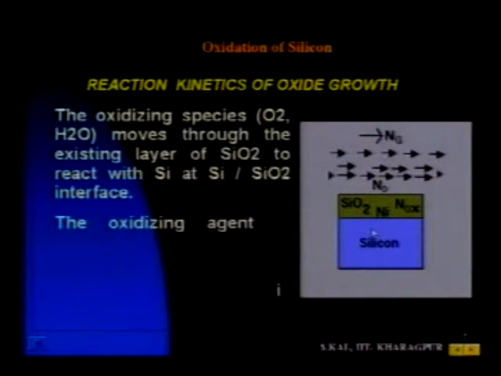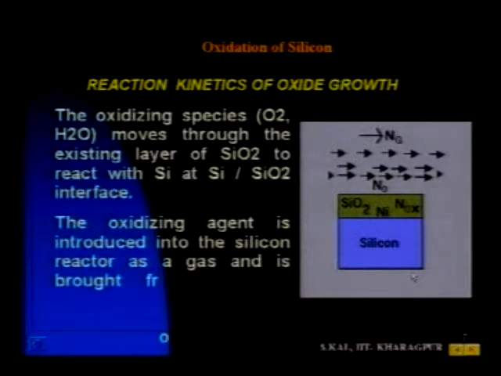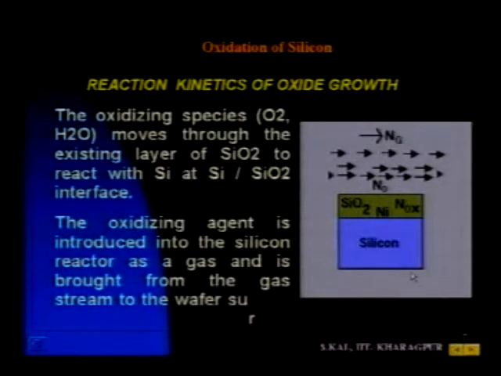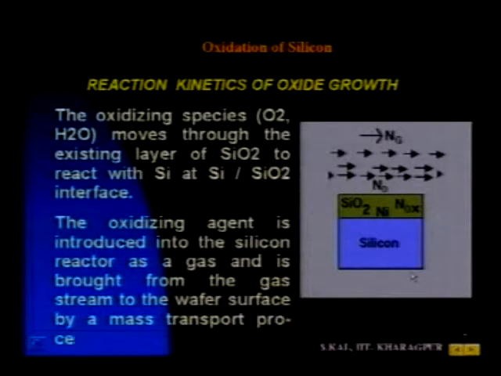Now let us see, the oxidizing agent is introduced into the reactor as a gas and is brought from the gas stream to the wafer surface by a mass transport process. That means the oxidant species, H2O or oxygen molecules, from the gas phase will reach the surface of the silicon.